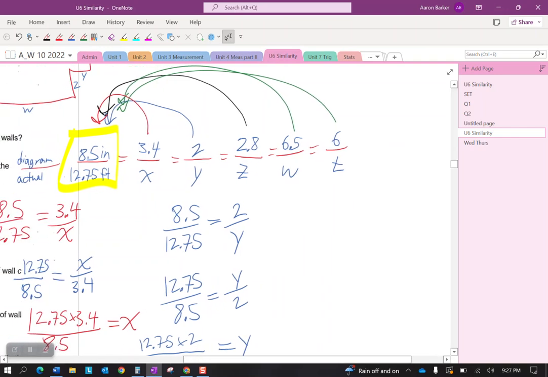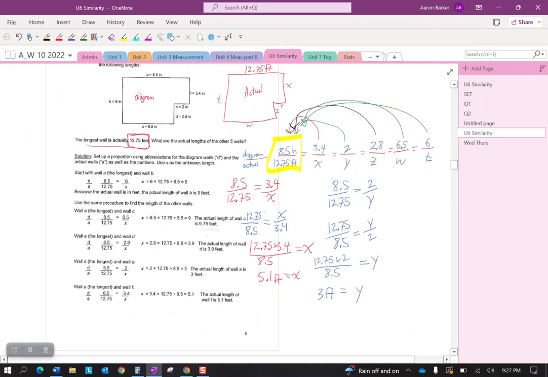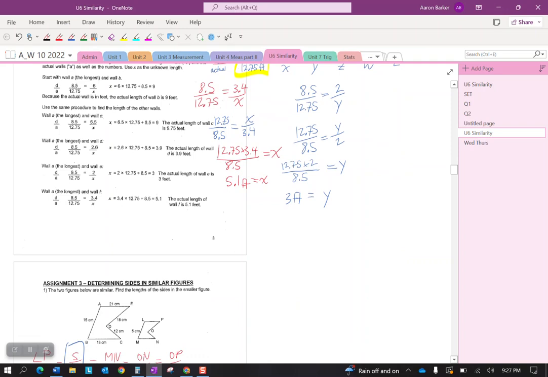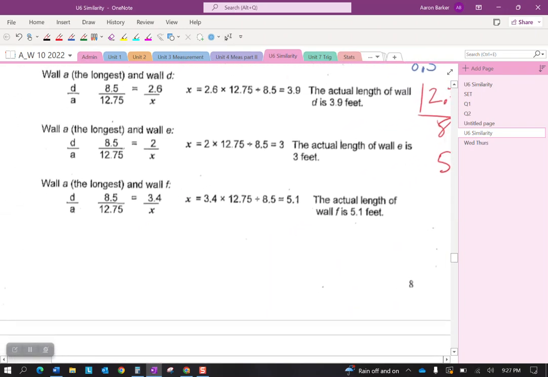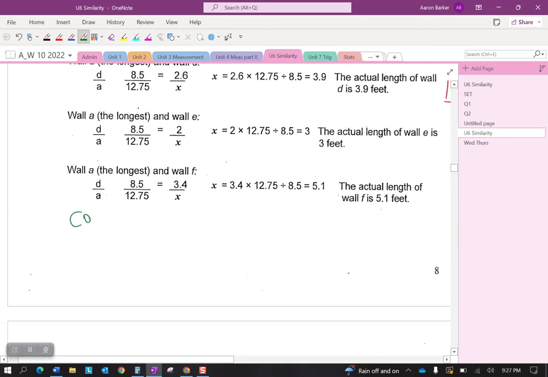What I want you to do right now is complete assignment 2 and assignment 3. If you're incomplete on assignment 3, go slow and show all your work. I want to see all your work. Those that are done, you can work on any missing work or any projects.